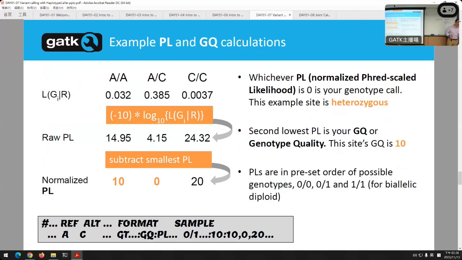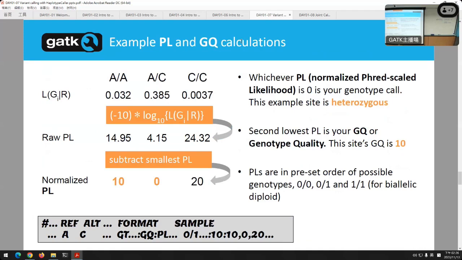The lower it is, the better it is. And this is all log math. So we just make sure the lowest number becomes 0 and everything else is normalized to that. Then we make everything integers. So everything now in your file is an integer. What you see truly in your file is 10, 0, and 20.